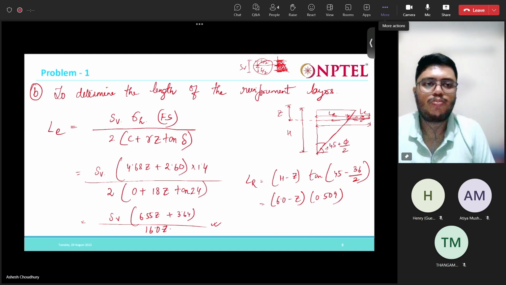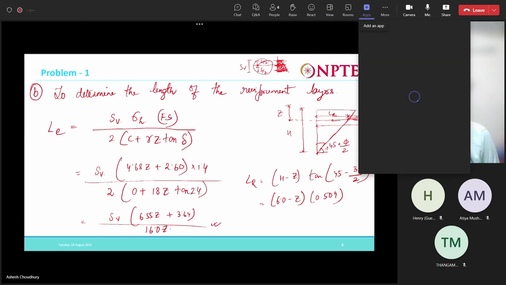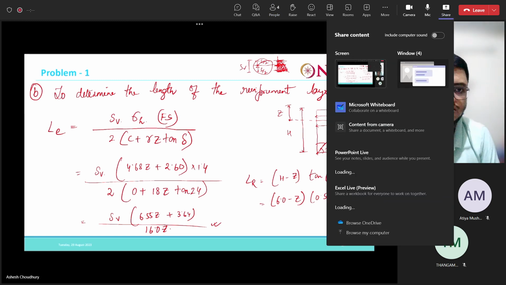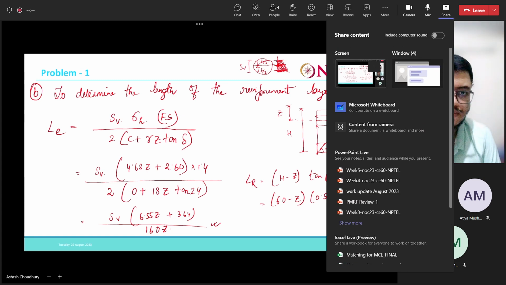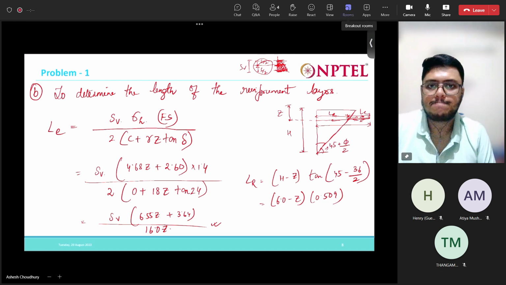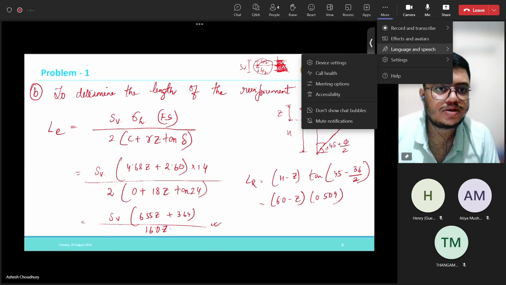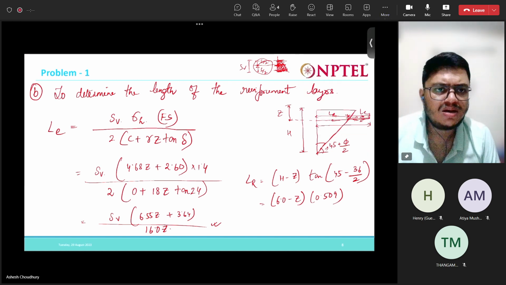Now let me just open one Excel sheet. Okay. Can we open from here? Just a second. It will be easier for us to do the calculation, right? An Excel sheet. How to exit?